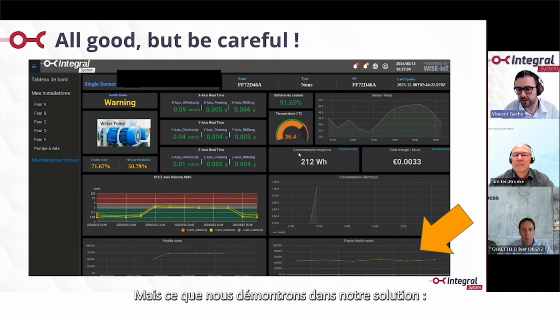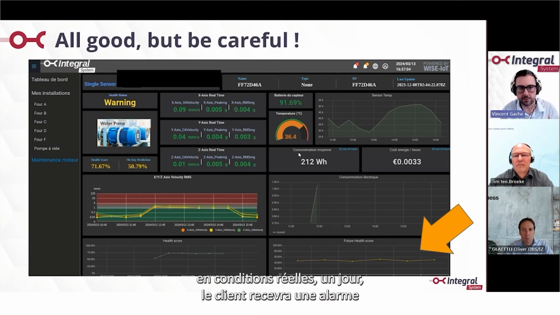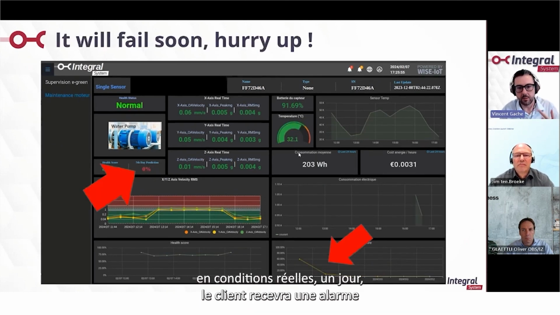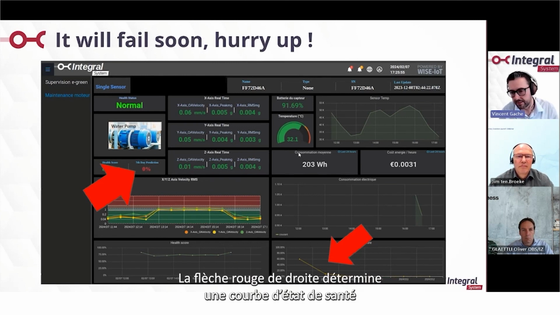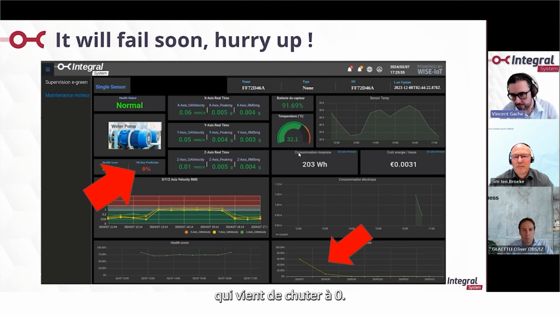But what we achieved with this solution, a true scenario, was that one day they received an alarm that something was going to go wrong. The prediction dropped, as you can see with the two red arrows. The 7th day prediction was 0% health status, and with the second red arrow, you can see that the health status dropped to 0.